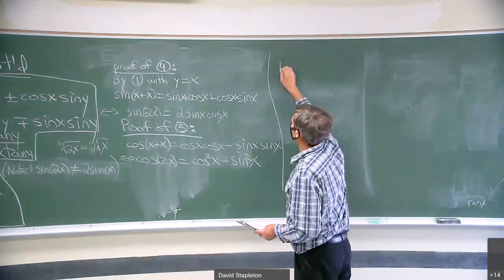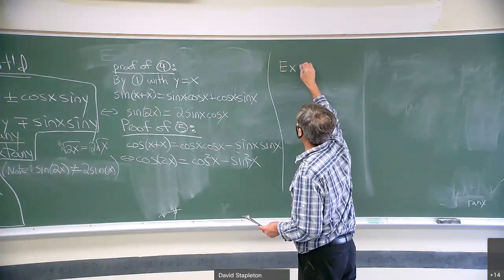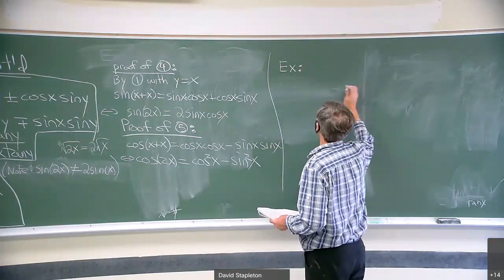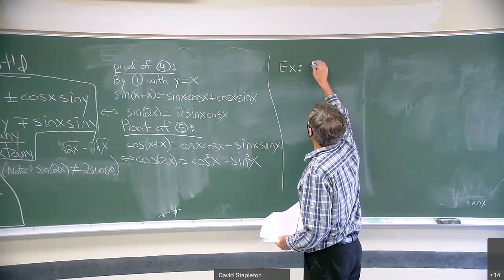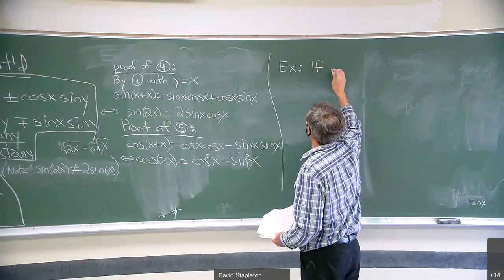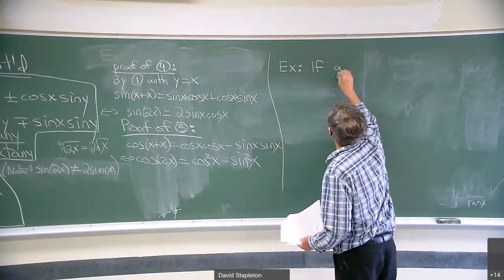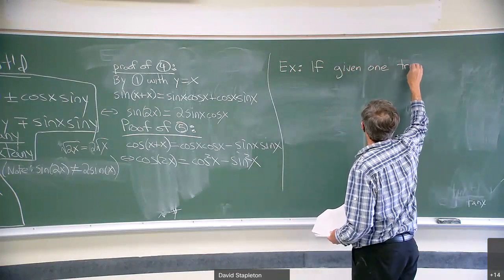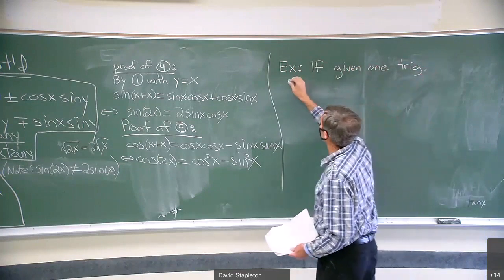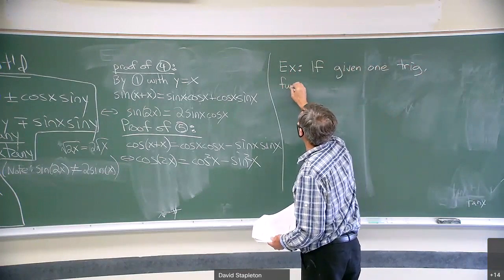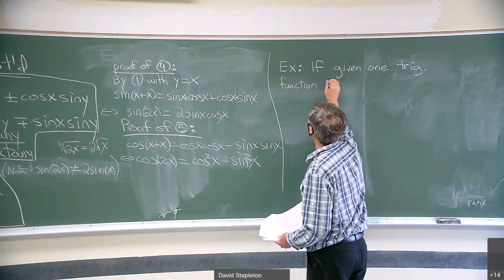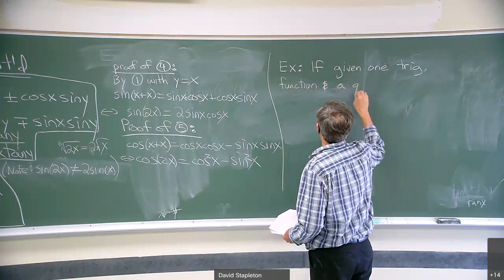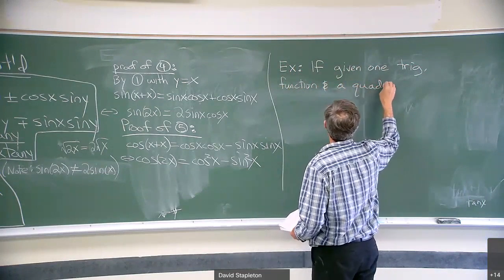So pardon that this is a little bit of an exercise that doesn't have a lot of applications, but if you're given one trig function and a quadrant, what do we already know that we can calculate? Quadrant for the angle.